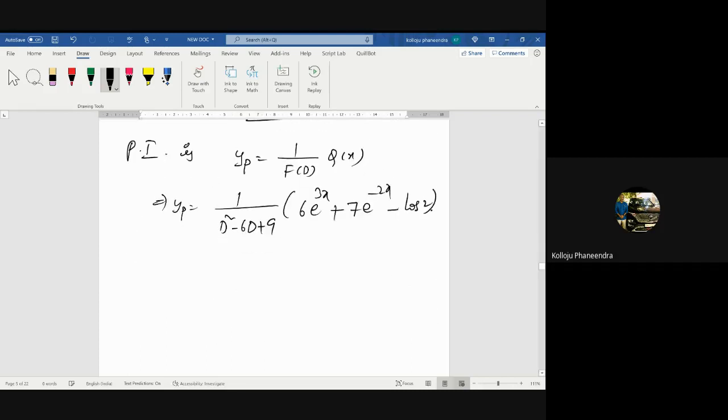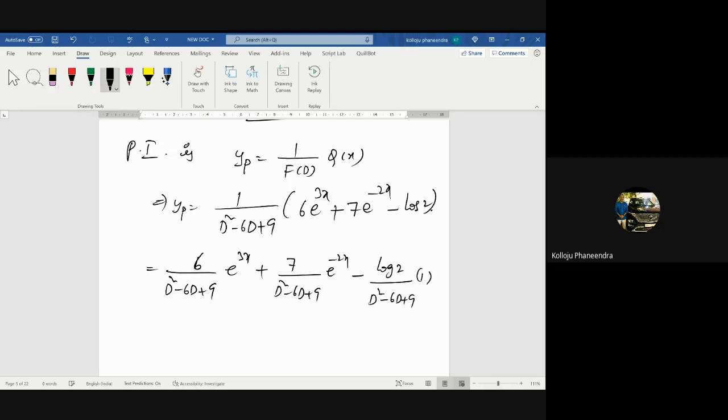So split into three parts since three functions are there. 6 is a constant, plus 7 by (D square minus 6D plus 9) e power minus 2x, and log 2 is also a constant, so I can write it in the numerator directly.